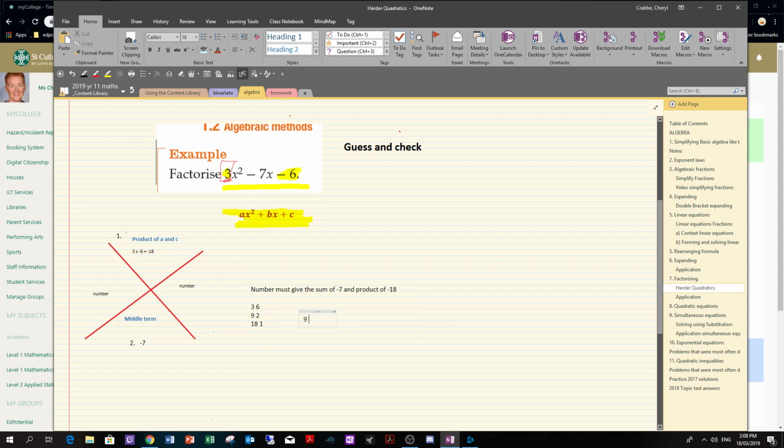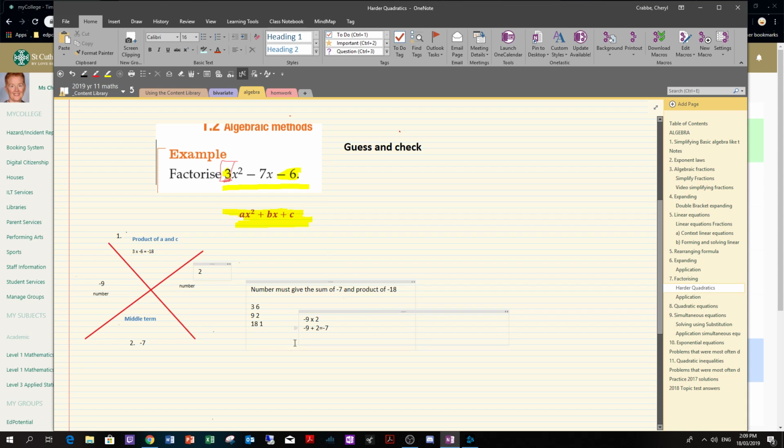One of these is going to have to be negative. -9 times 2 will give me -18, and -9 plus 2 will give me my -7. So my numbers are -9 and 2.